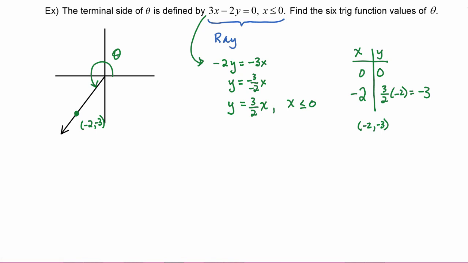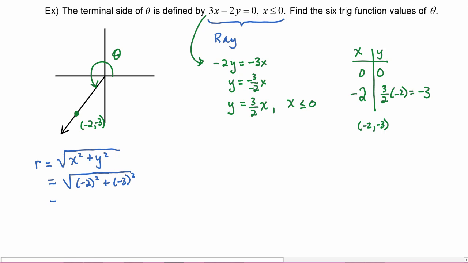Now we have to find the 6 trig function values, so we know we need to find r. R is going to be the square root of x squared plus y squared, which is going to be the square root of negative 2 squared plus negative 3 squared.